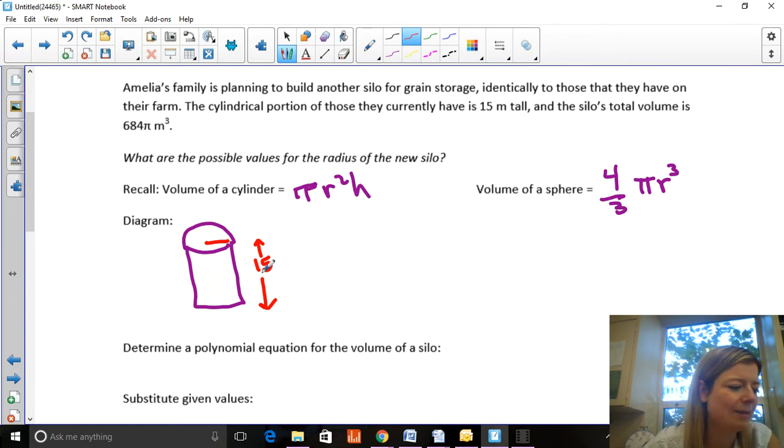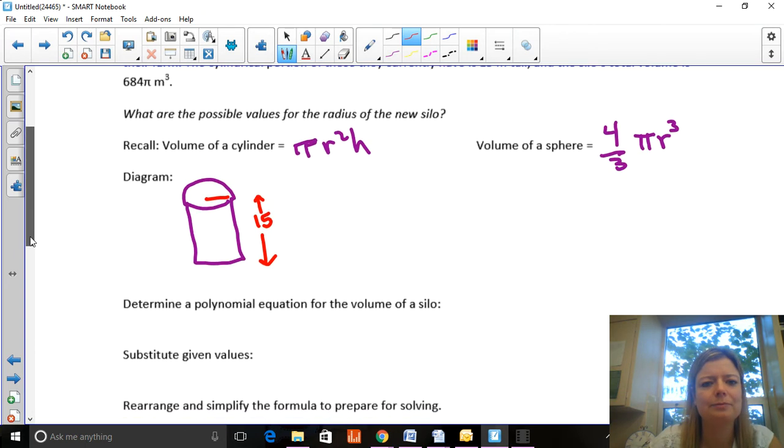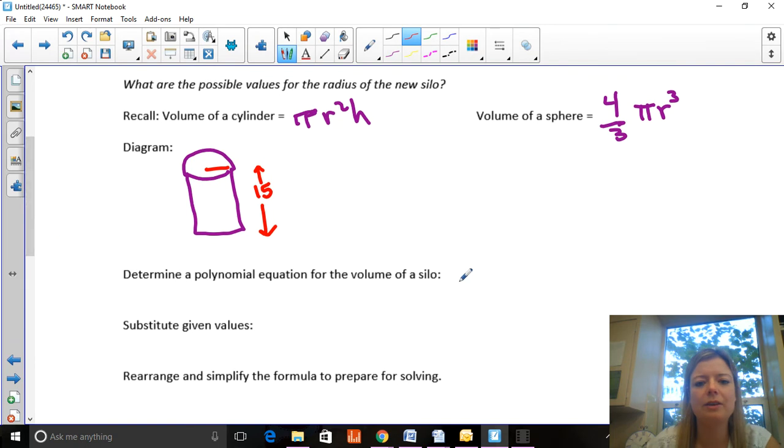So we're going to come up with an equation for the volume of a silo. Volume equals pi r squared h, that's the cylindrical portion, and then half of a sphere, so half of 4/3 pi r cubed.